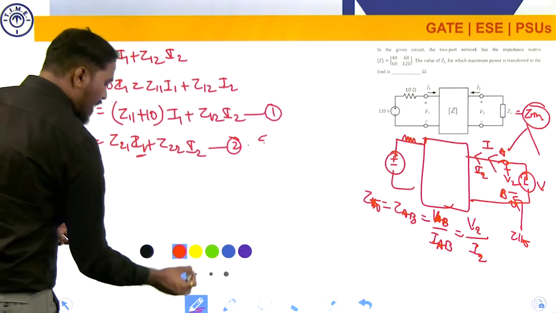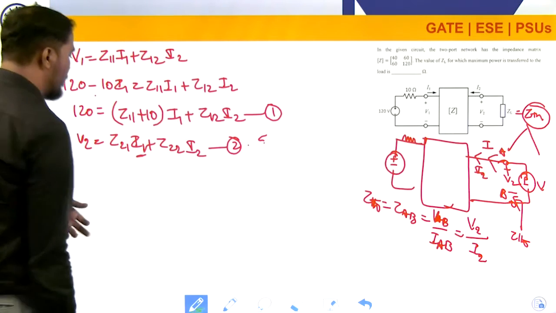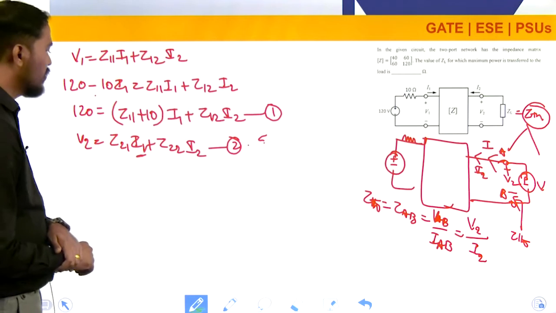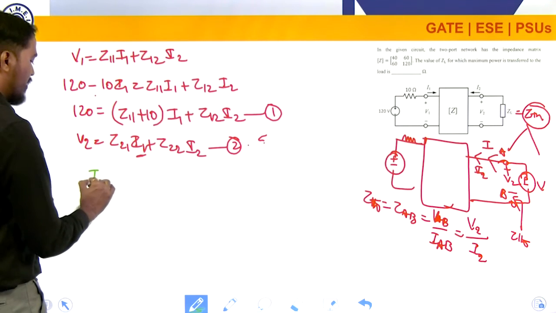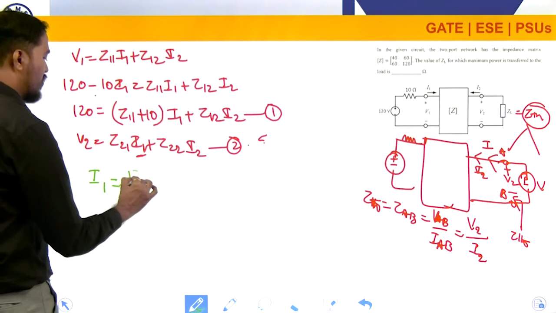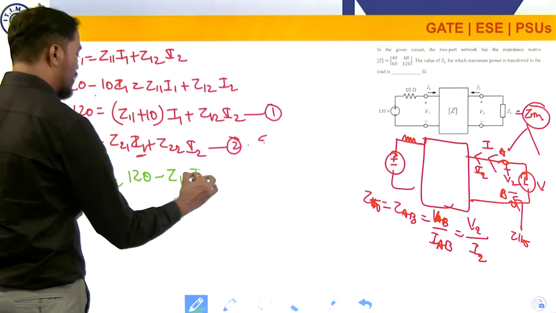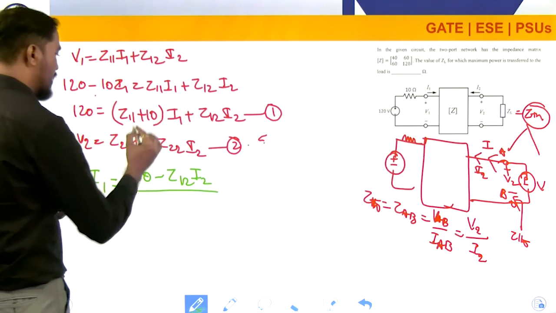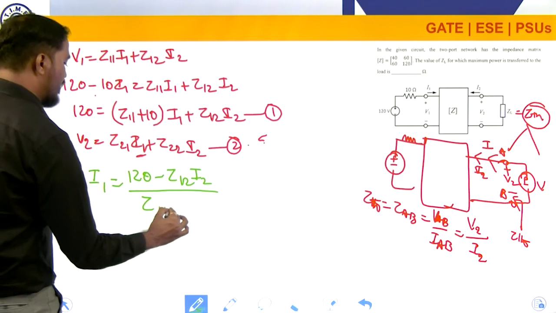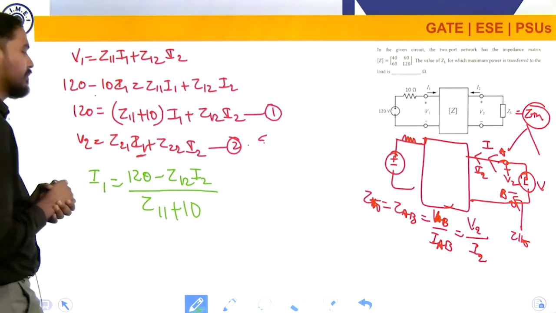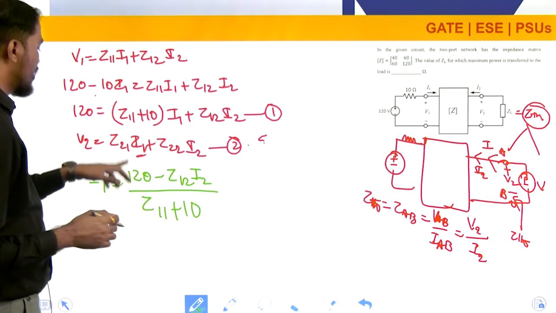Can't you write this I1 in terms of I2? I can write it. So what do you think I1 is? It is 120 minus Z12 I2, whole divided by Z11 plus 10, right? So this is your I1.